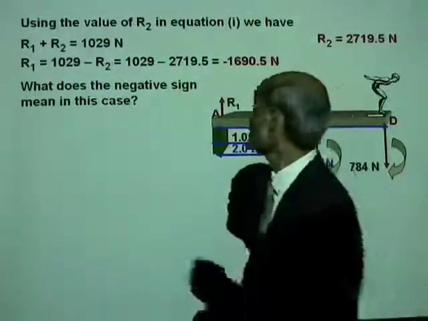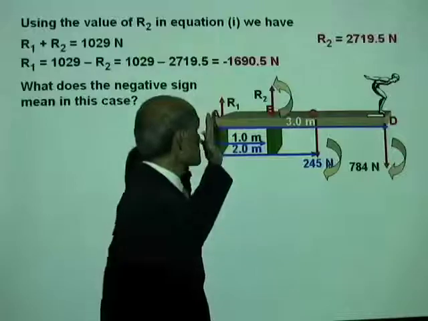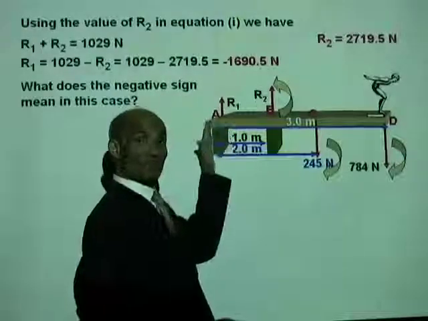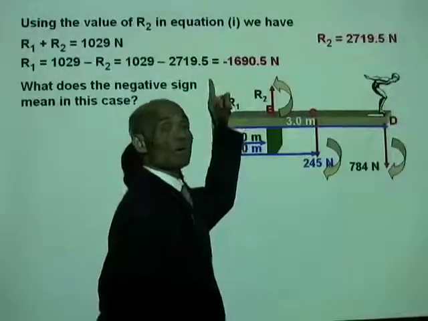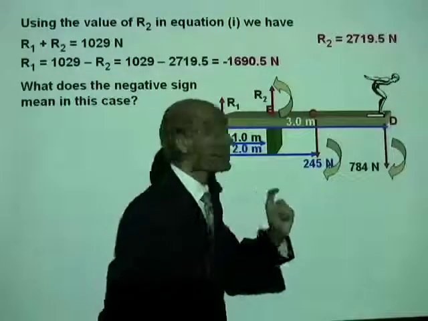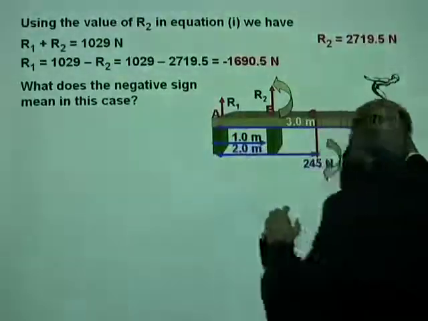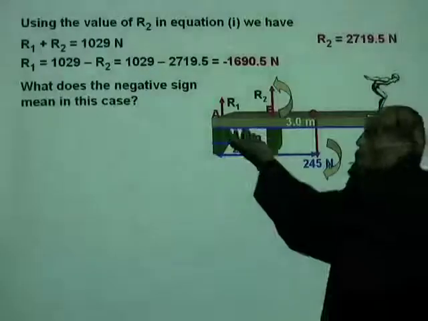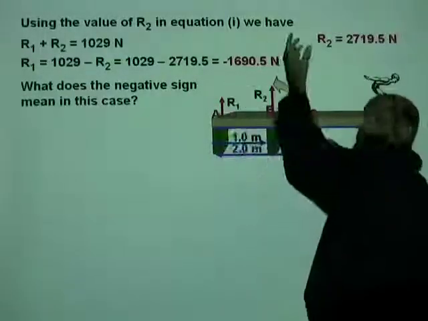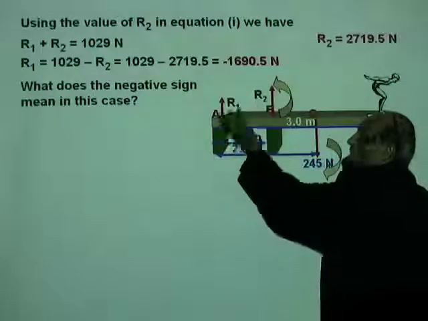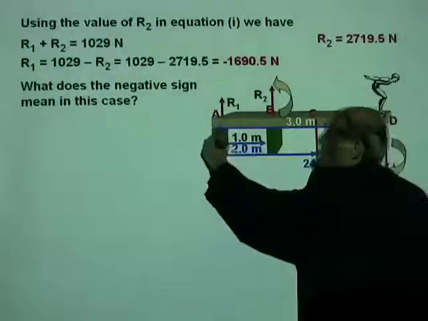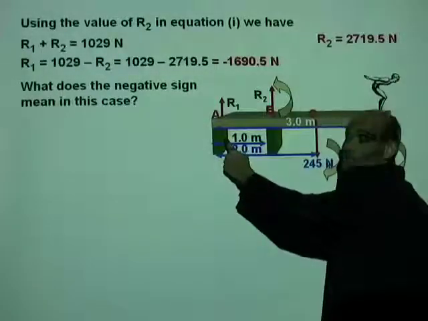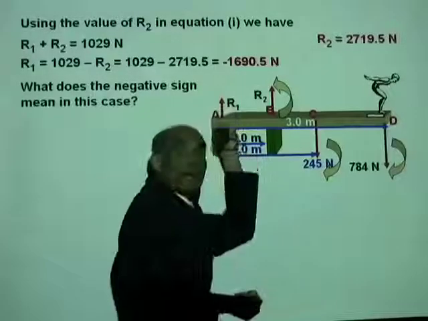You see, we assumed that the reaction force on this outer support is upward, but really no. You see, when this man is standing here, this force is trying to rip apart the diving board. Therefore, the duty of this support is to hold it down.